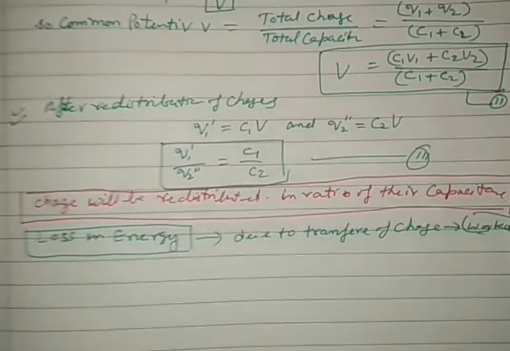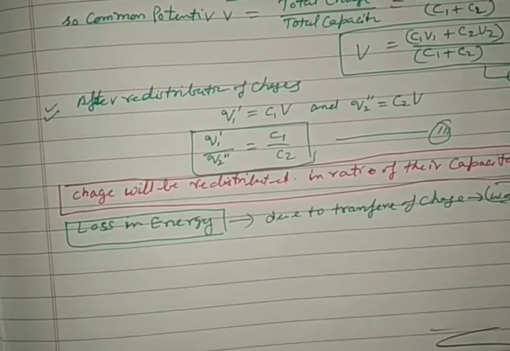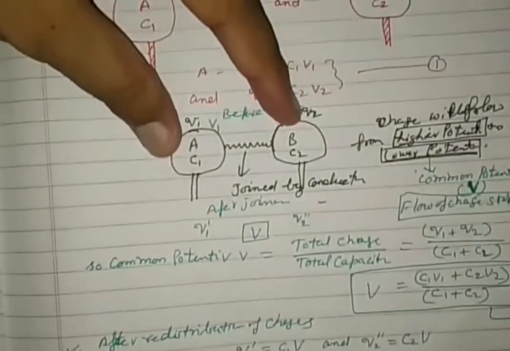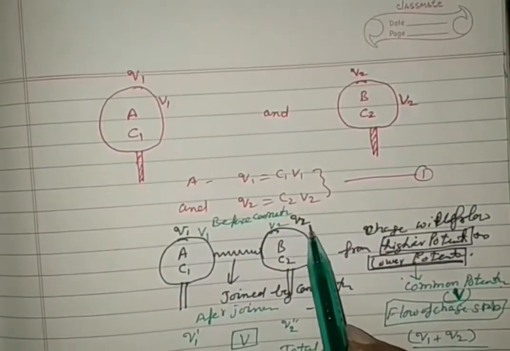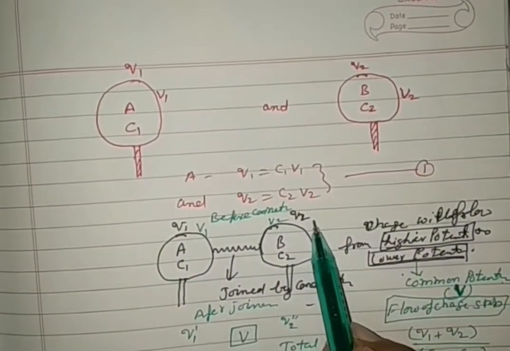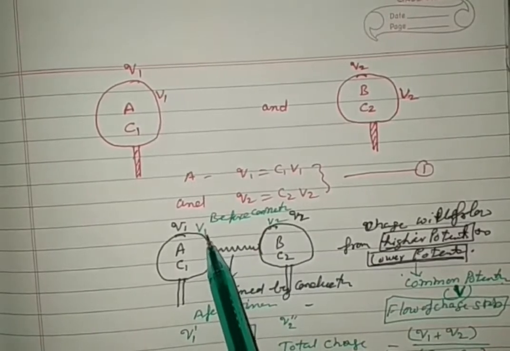See carefully, students. When we connect, focus here on the diagram. Before connection there were charges Q1 and Q2, and as a result potentials V1 and V2.